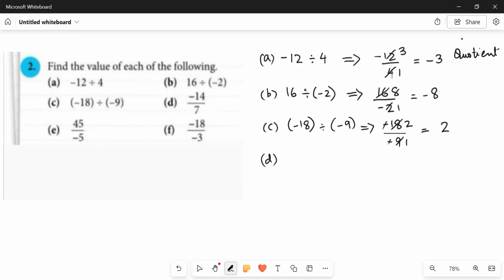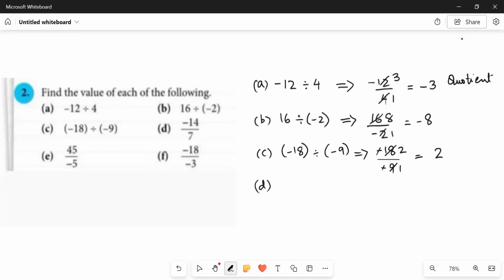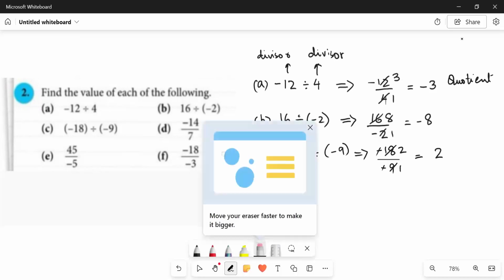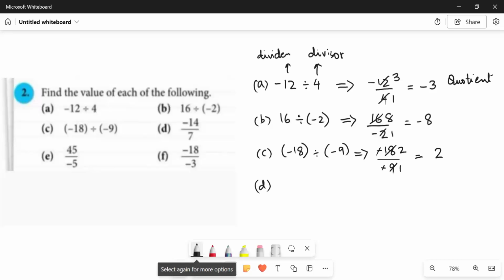The first number that is being divided is called dividend. And by whom it is divided is called a divisor. The first one is dividend and the other one is divisor. And the answer to this sum is called quotient.